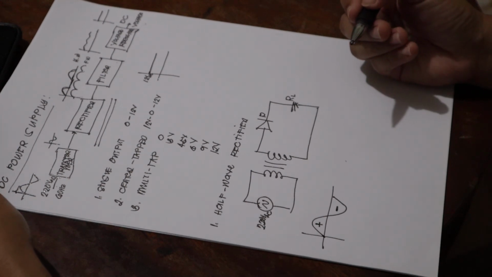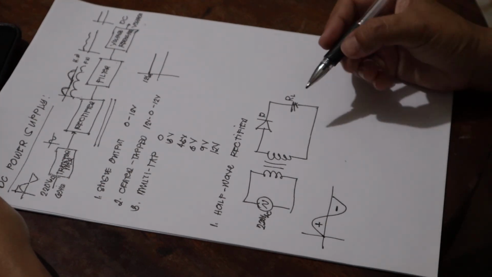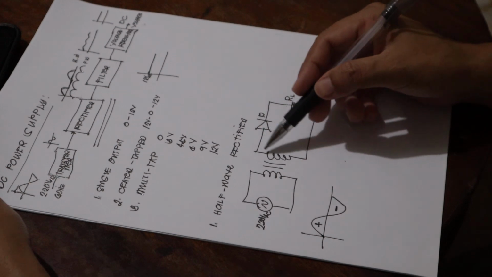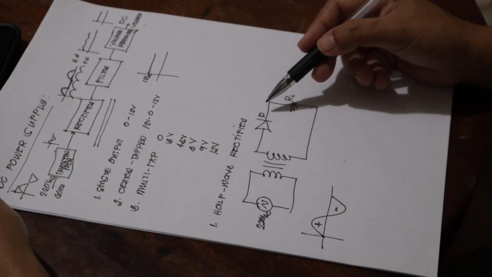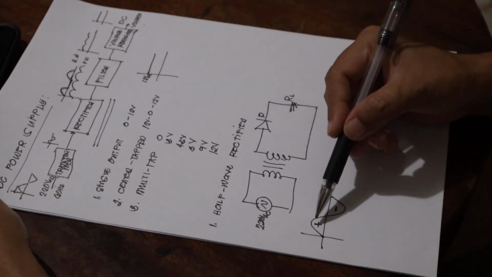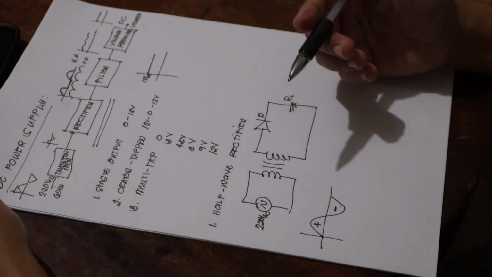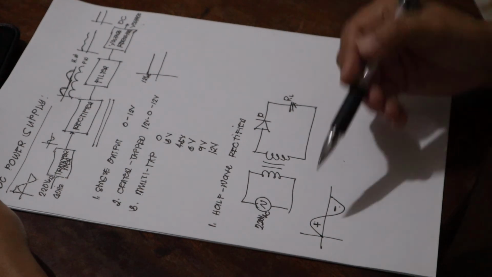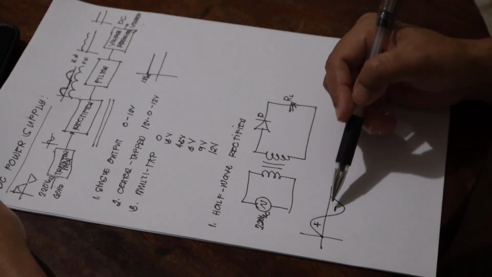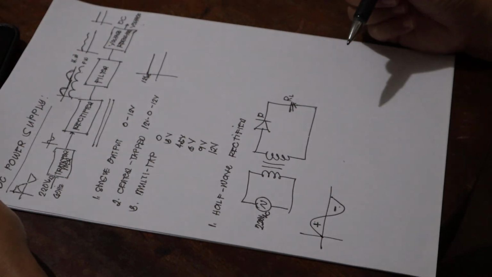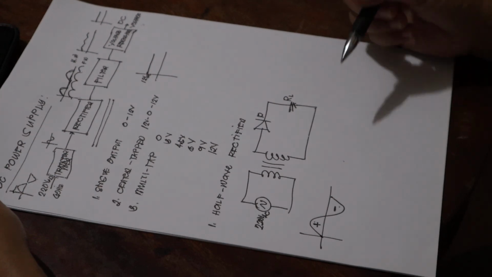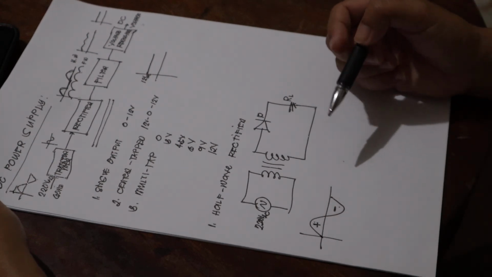So, we are going to analyze our rectifier circuit at the positive half cycle and the negative half cycle. The analysis of it, parang ganun din dun sa DC. Yun nga lang, may dalawa tayong i-consider na cycle ng ating input voltage.